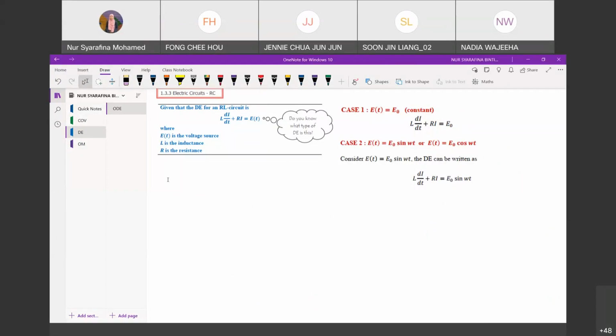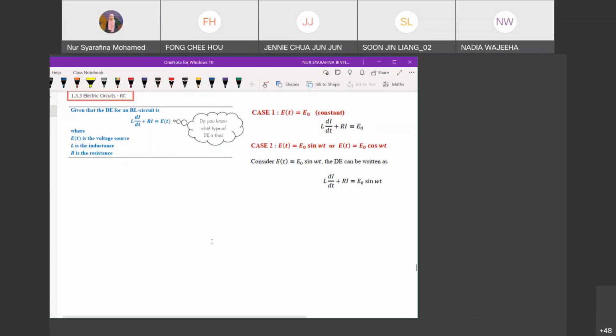Okay, so as you can see here, given the differential equation of an RL circuit is L di/dt plus Ri equals E(t). So what is the type of the differential equation given that?